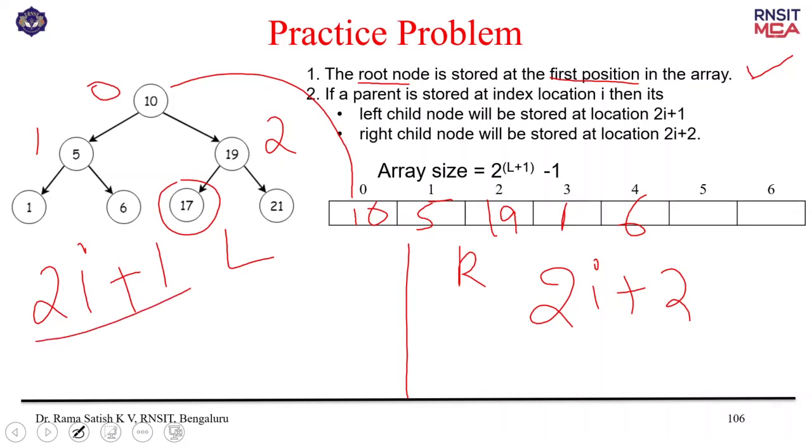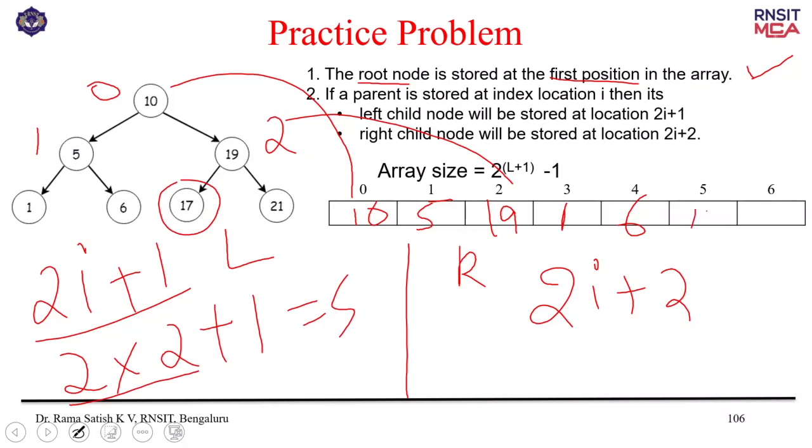I is nothing but parent position. 17's parent is 19, and 19 is located at position number 2. So 2 into 2 plus 1. 2 into 2 is 4 plus 1, that is 5. So 17 is stored in 5.